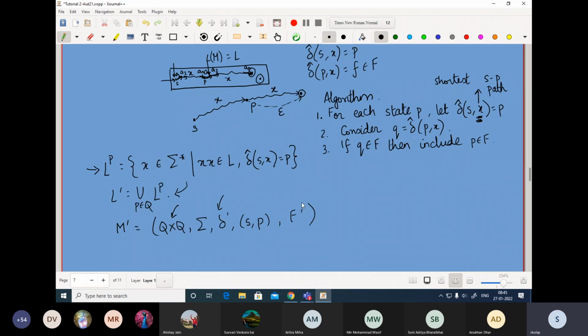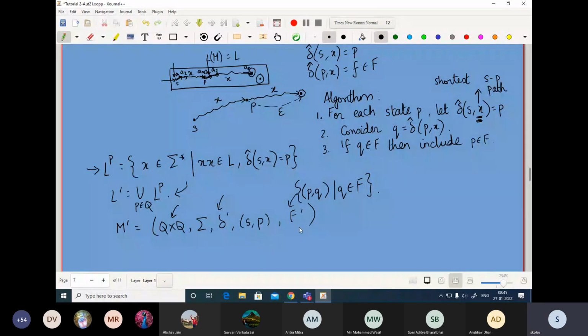What will this delta dash be? What will F dash be? F dash is going to be P cross Q such that Q belongs to F. So I am trying to capture the fact that the first path will end at P and the second path will end at some Q such that Q belongs to F, the final states of M.